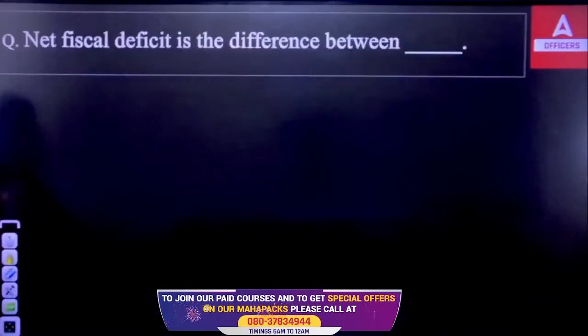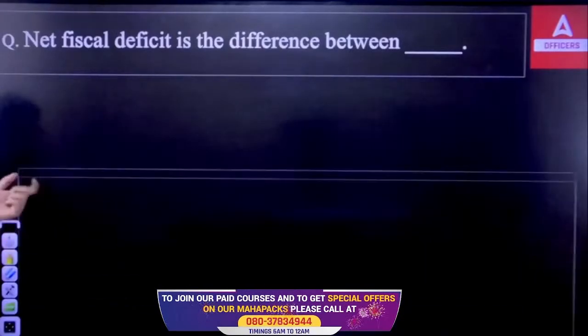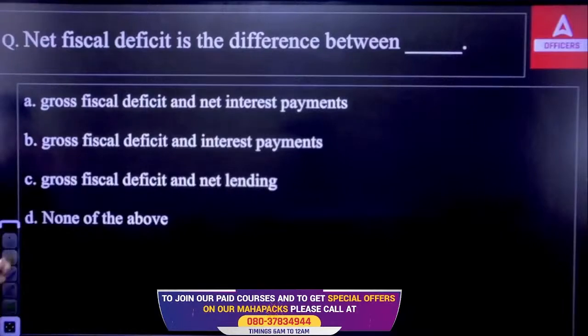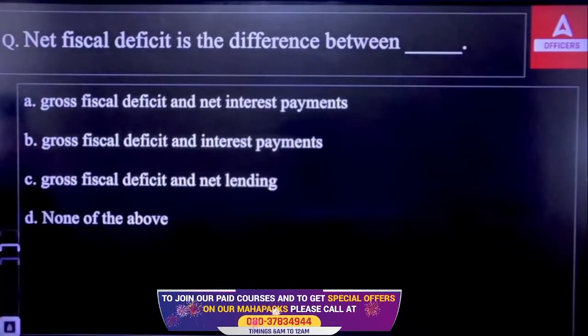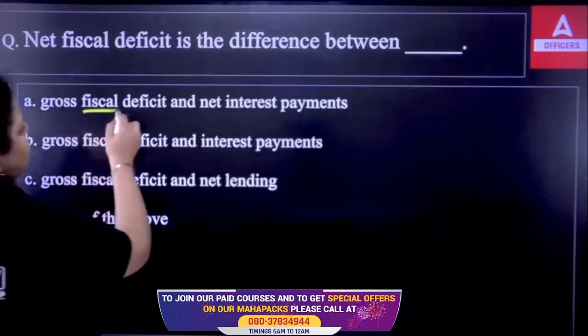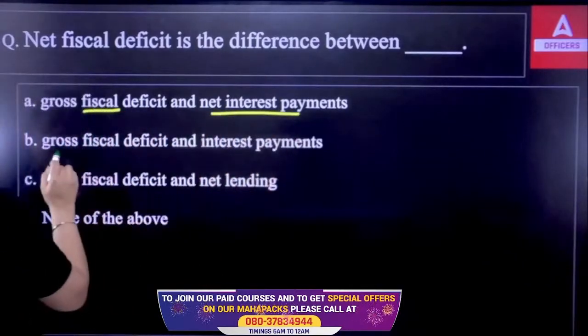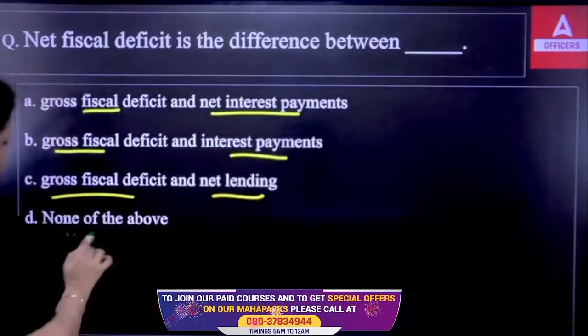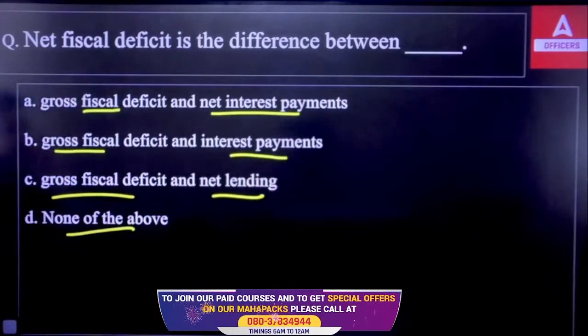Next question. Net fiscal deficit is the difference between. Now, fiscal deficit we have seen: whatever the borrowing of the government, that will be known as fiscal deficit. So it is the difference between what? Gross fiscal deficit minus net interest payment, gross fiscal deficit and interest payment, gross fiscal deficit and net lending, none of the above. So it's very obvious.